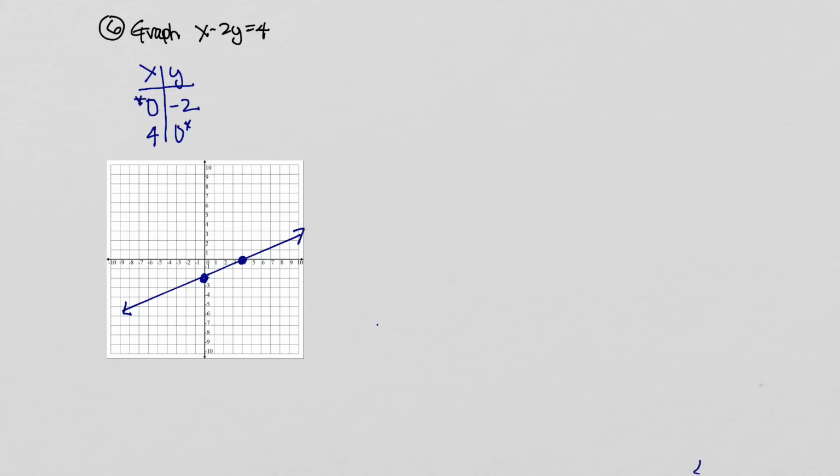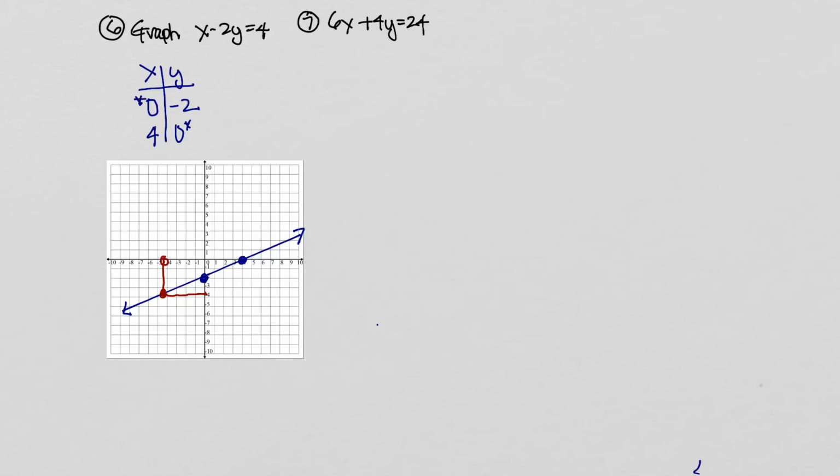It says that if we pick any point on the line, I'm just going to pick one like this one, that's got an x value and a y value. And if I pick this x, put it back into here, and this y, and put it back into here and compute, I'm going to get 4. That's true of every point on the line. The line is a picture of the solutions to this equation.